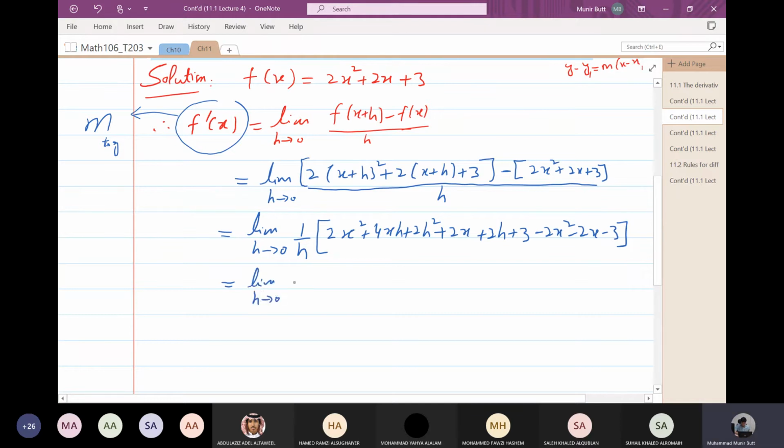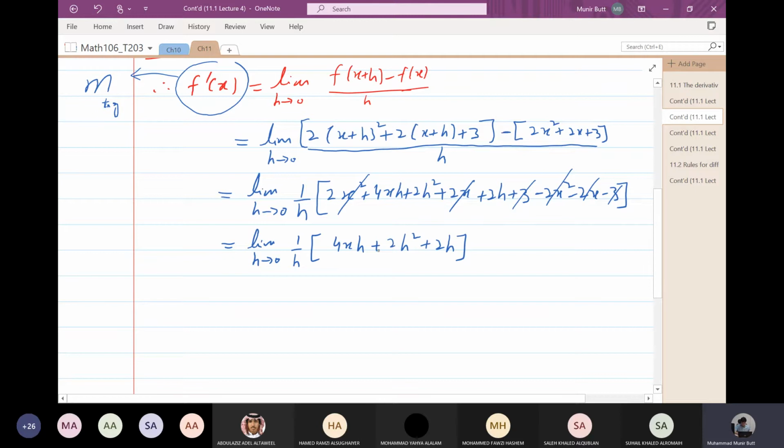Now it is equal to limit h approaches to 0, 1 over h, and now you will see the 2x square will be cancelled out, the 3 will be cancelled out, the 2x will be cancelled out. So what we have left here is 4xh plus 2h square plus 2h.